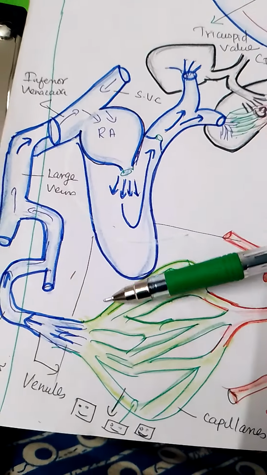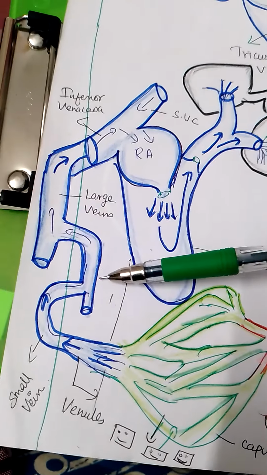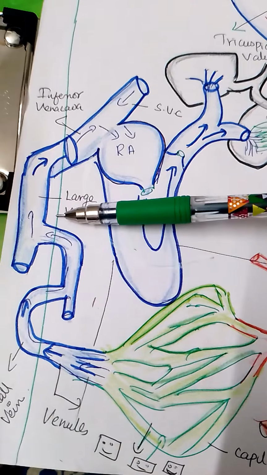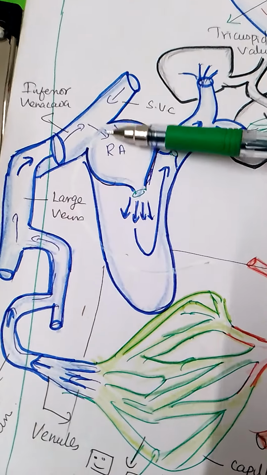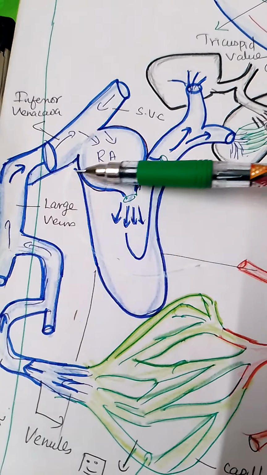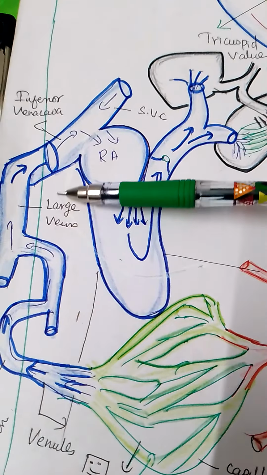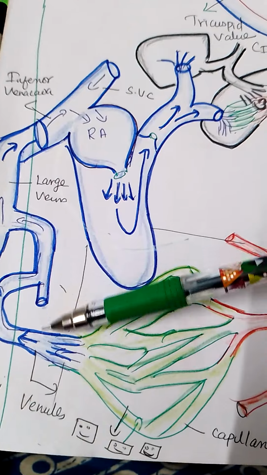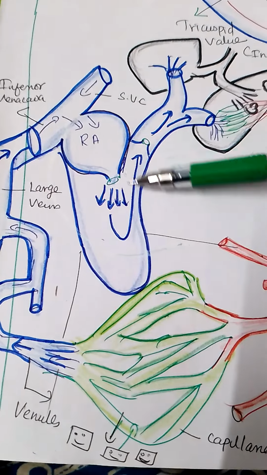It comes from the venules to small veins, from small veins to medium veins, to large veins. Then the large veins join together and collectively come to the inferior vena cava. This is how it collects the blood.